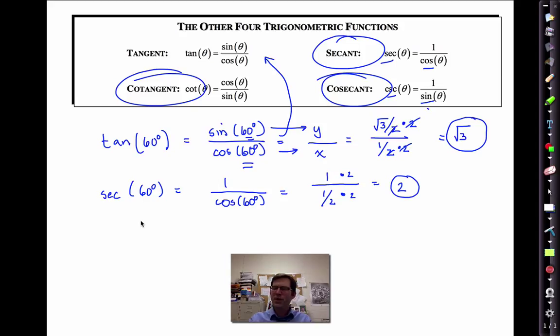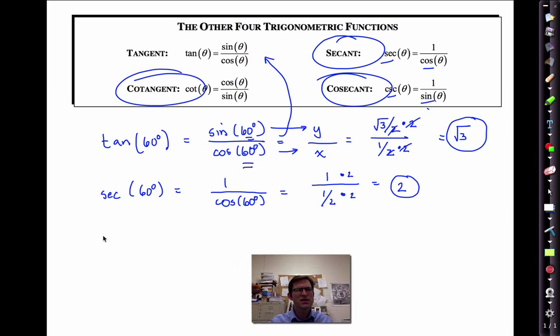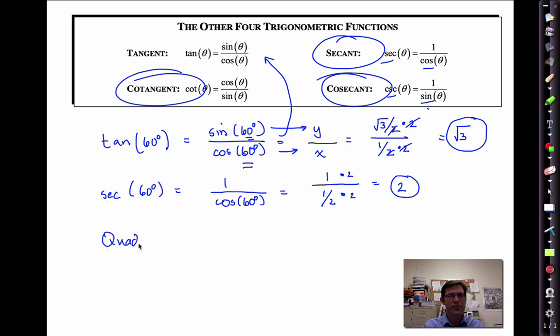Now, one thing that we haven't talked much about is just what the sign of these functions are in various quadrants. And by sign, I mean, are they positive or are they negative? For instance, let's say we're in quadrant 3. Let's ask this question: is cotangent of an angle positive or negative in the 3rd quadrant?